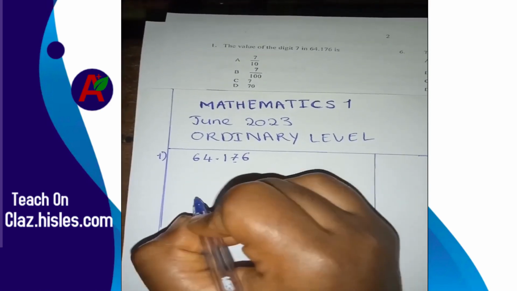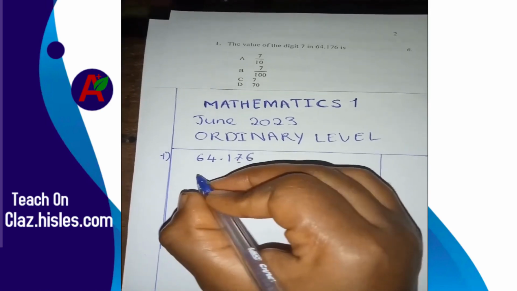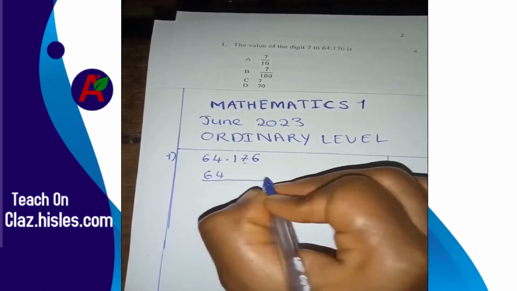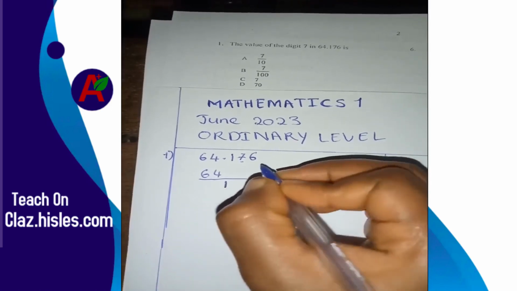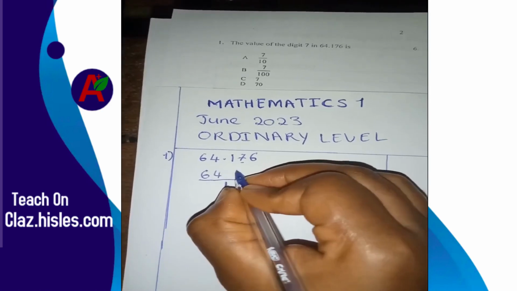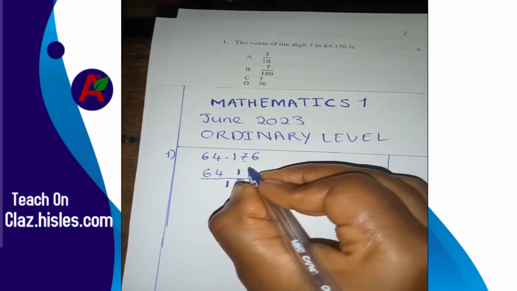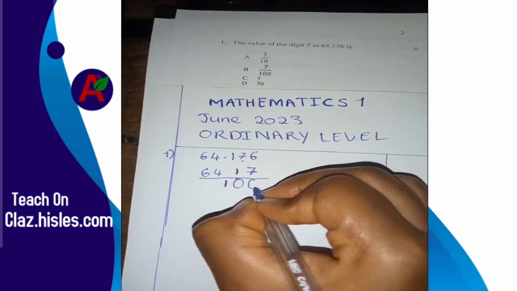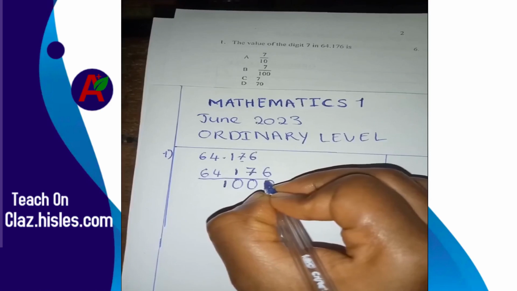So we all know that after the decimal point are zeros, and the decimal point itself represents a 1. So this can also be written as 64 divided by, the decimal point will have a 1, and after the decimal point you have a 1 and then a 0. Our second decimal place will be the second 0, and our third decimal place is the third 0.